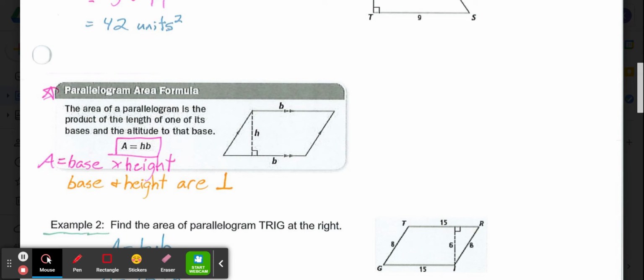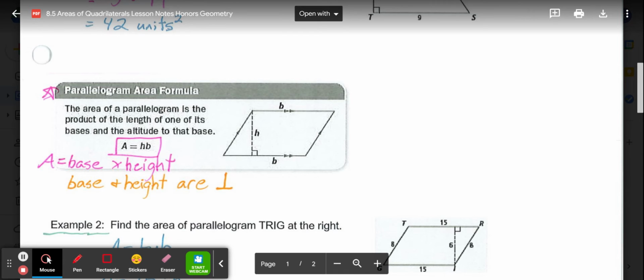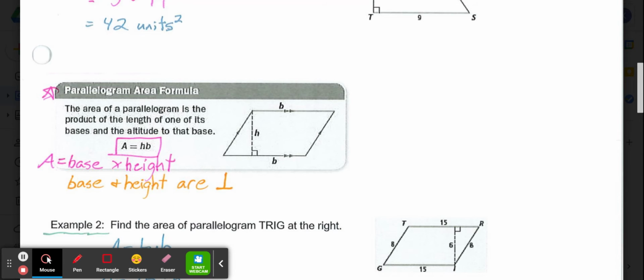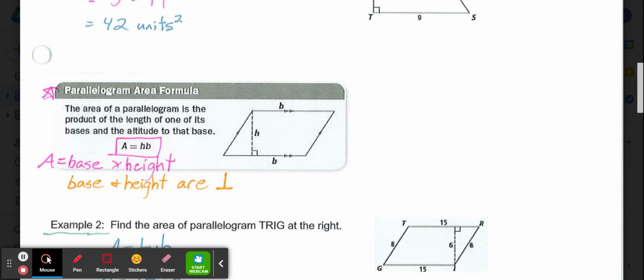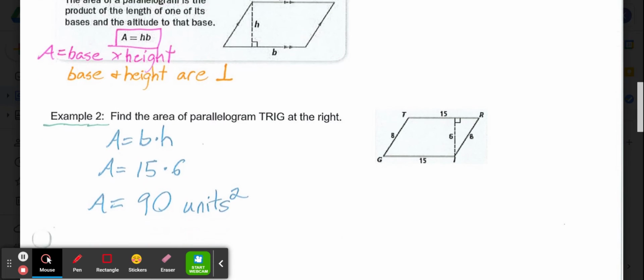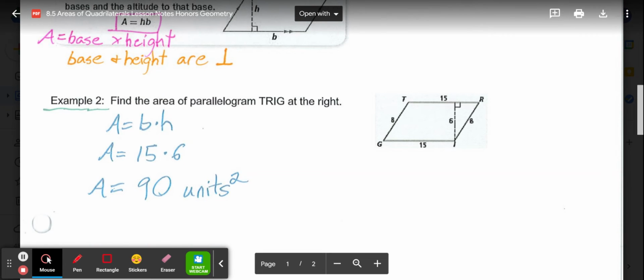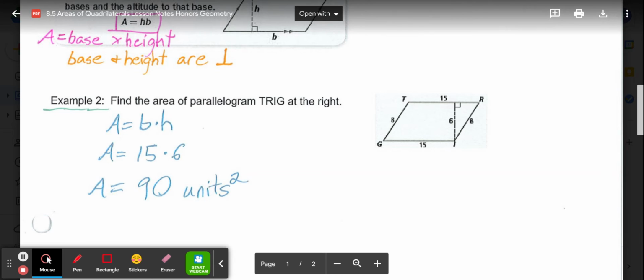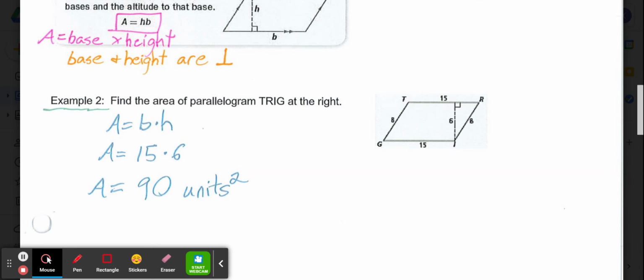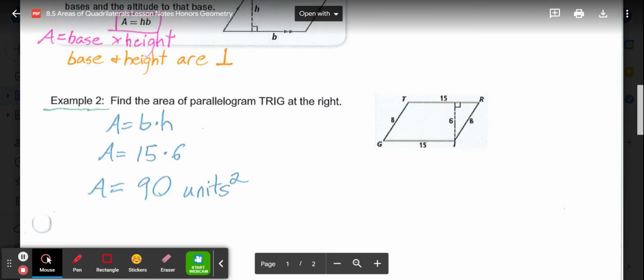Simply put, the area formula for a parallelogram is base times height, and base and height meet at 90 degrees, or are perpendicular. Looking at parallelogram TRIG, the base is 15 and the height that meets it at 90 degrees is 6. So the area is base times height, 15 times 6, which is 90 square units.